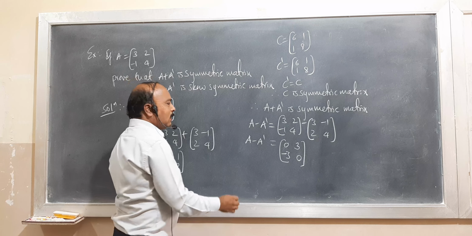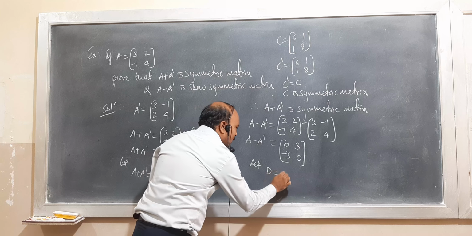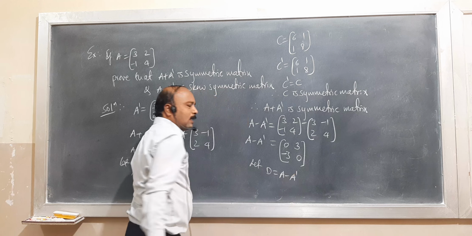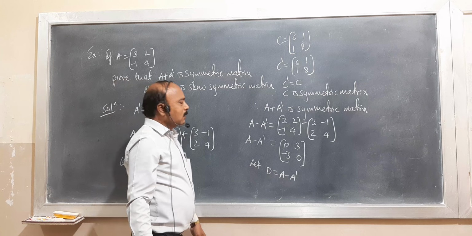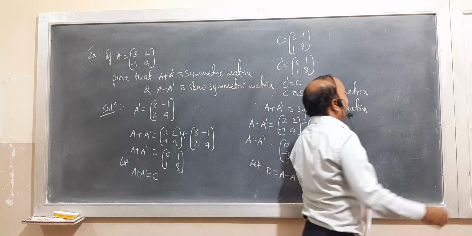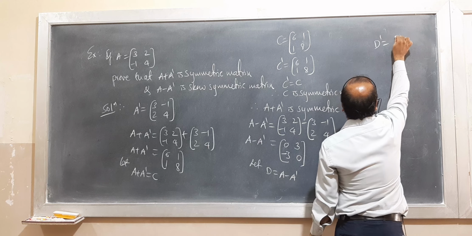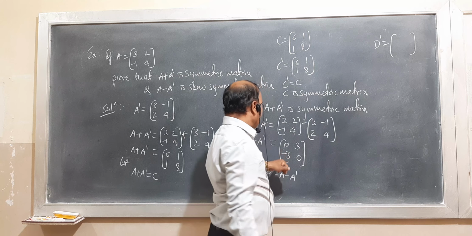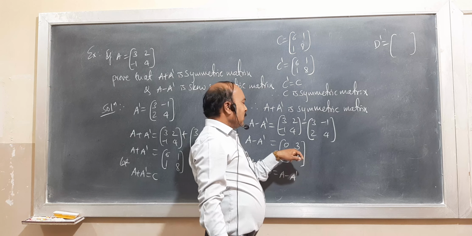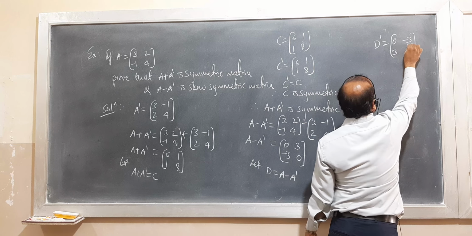Now for our convenience, you take D equal to A minus A dash. It is another matrix. Now we consider the transpose of this, that is D dash. D dash is given by, now transpose this, it is taken as D. It is 0, minus 3, 3, 0.